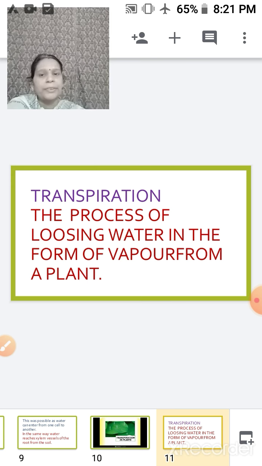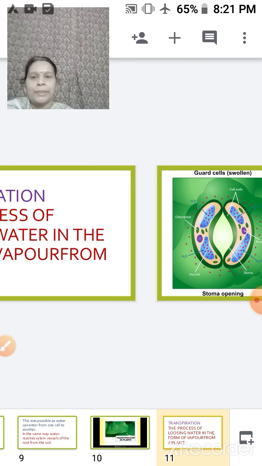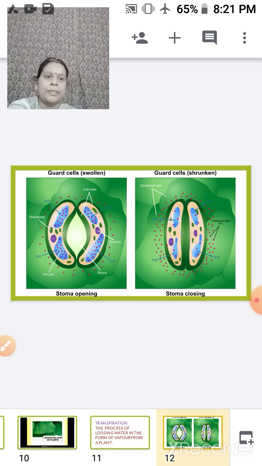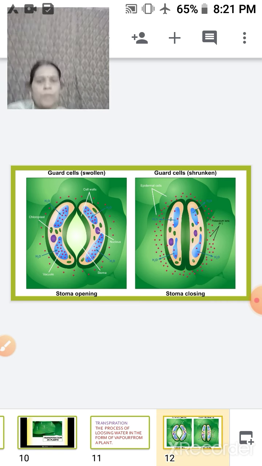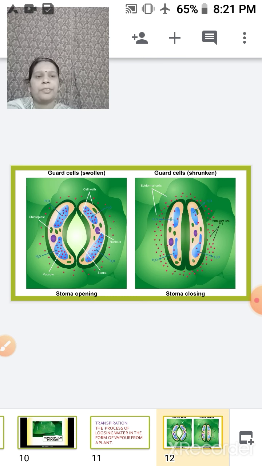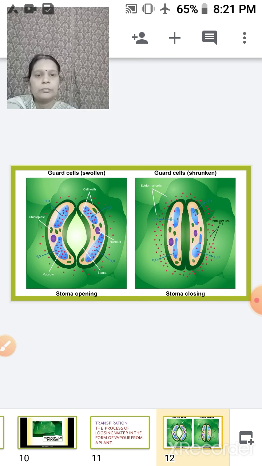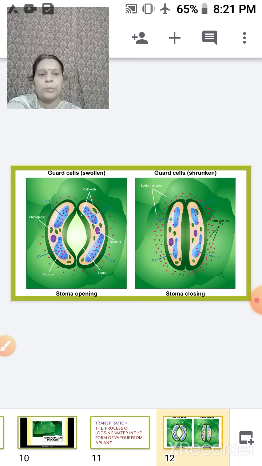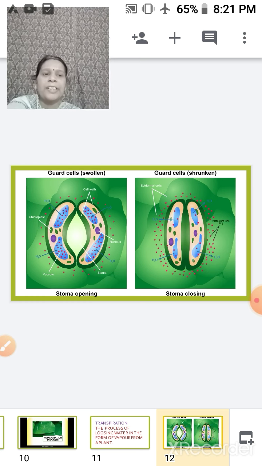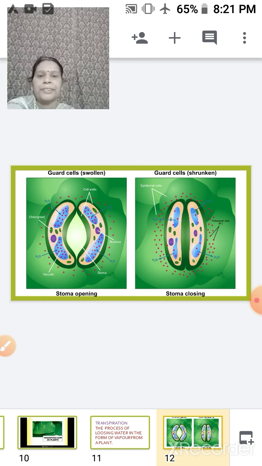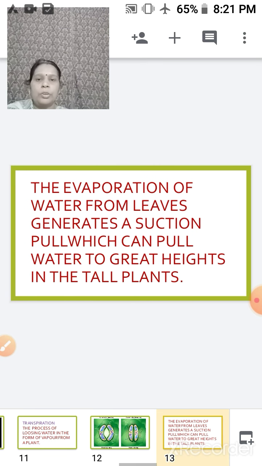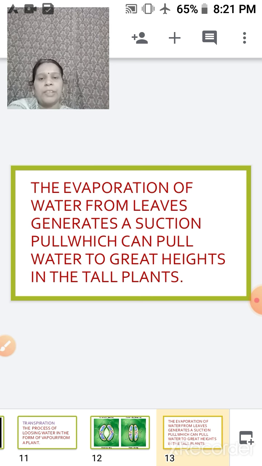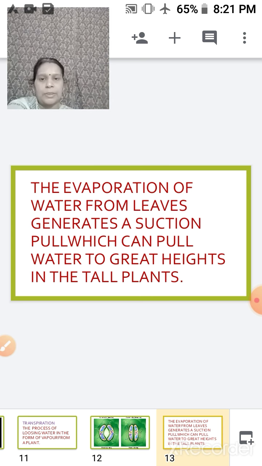All this water is not utilized by the plant, so this excess water is lost through the process of transpiration. Transpiration creates a suction pull, which leads to the pulling up of the water from the root to the height of the plant, of any tall plant, you can say.